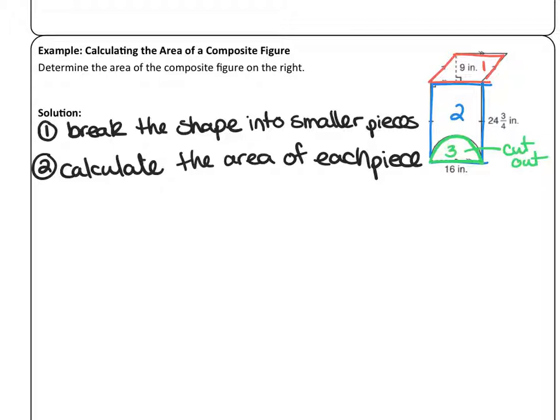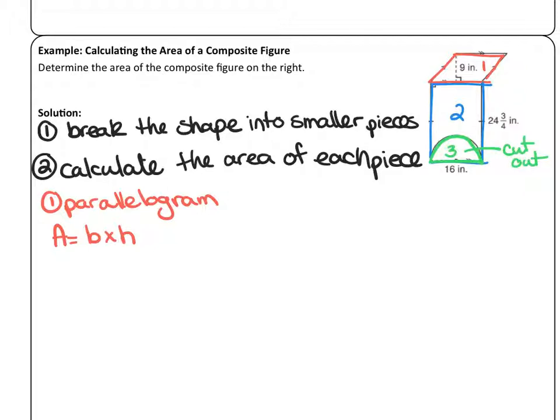So we're going to do number 1, which is a parallelogram. The area of a parallelogram, if you look at the sheet, is base times height.